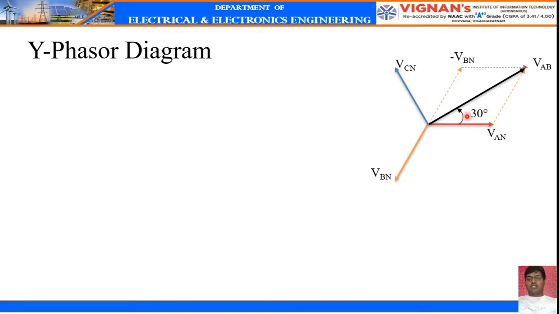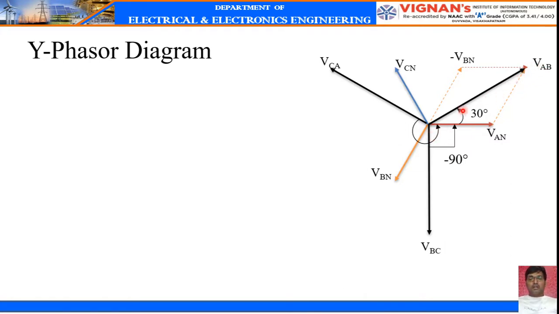Similarly, VBC will be leading the corresponding phase voltage by 30 degrees, but with respect to the reference line voltage it subtends an angle of 120 degrees, that is 90 plus 30. You should remember one point: the line voltage VBC is leading VB by only 30 degrees. The phase voltage lags the line voltage by 30 degrees in a star connection. All three line voltages are displaced from each other by 120 degrees.